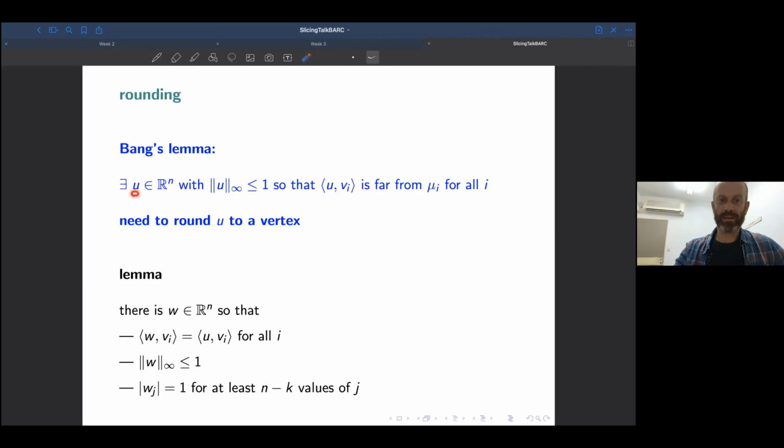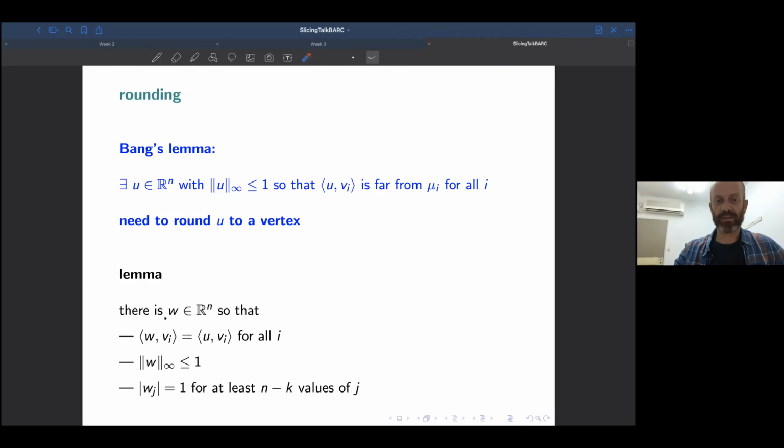For any such u, the coordinates in u are between -1 and 1. If all of them are either 1 or -1, we are very happy because it's a vertex. So let's assume that some of them are not 1 or -1.